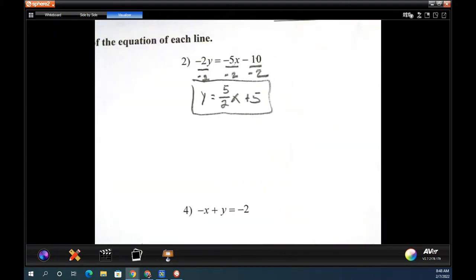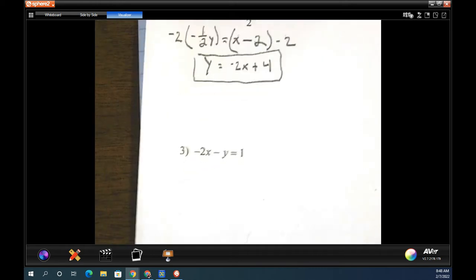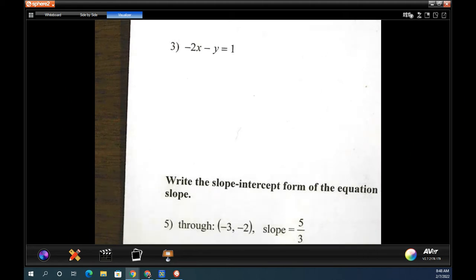Now, look at number 3. Is that one in standard form? Yeah. So what's the first thing we need to do here? We need to move what? We only have 2 rules. What do we move first all the time?